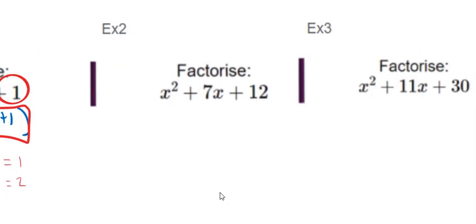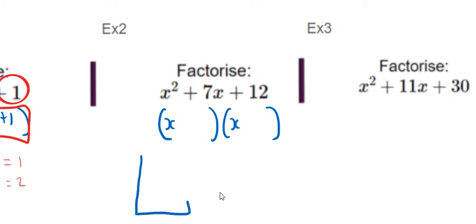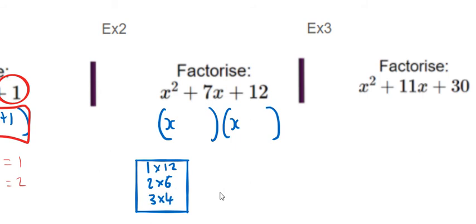Let's look at the second example. It won't be quite as easy. Start off by putting down double brackets, and put the variable into the first part. Now I'm going to list factors of 12, all numbers that would multiply to give me 12. I could have 1 times 12, 2 times 6, or 3 times 4.